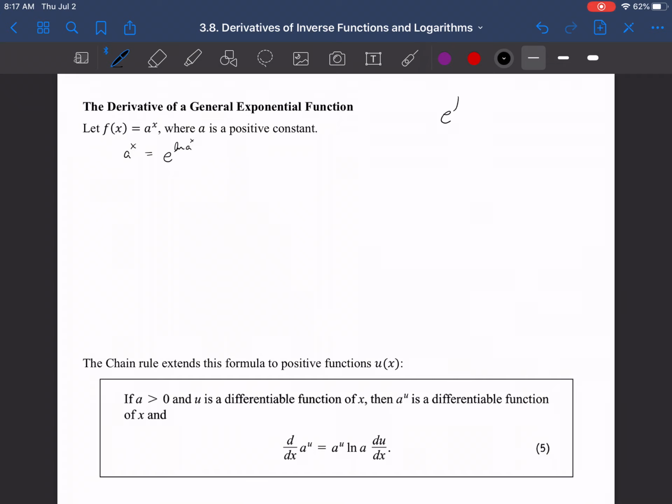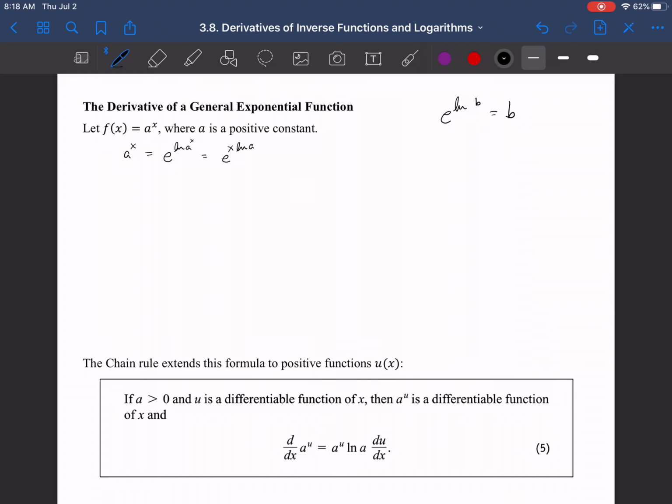Because e to the natural log of b is just b. And so if we take the e to the natural log, they kind of cancel each other out, and you're left with just a to the x. We have this little exponent up here, which, if you remember, means we can pull that out in front, and we'll get e to the x times the natural log of a, just like that.